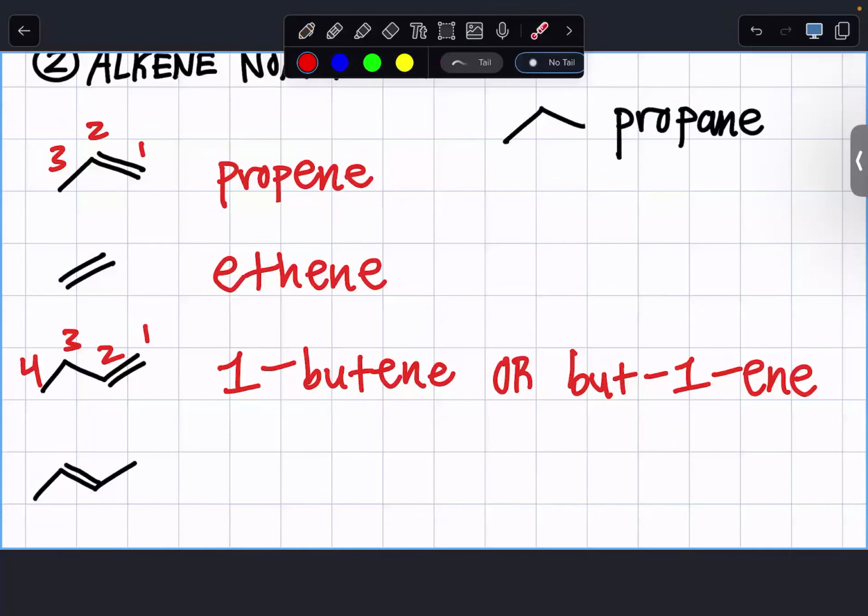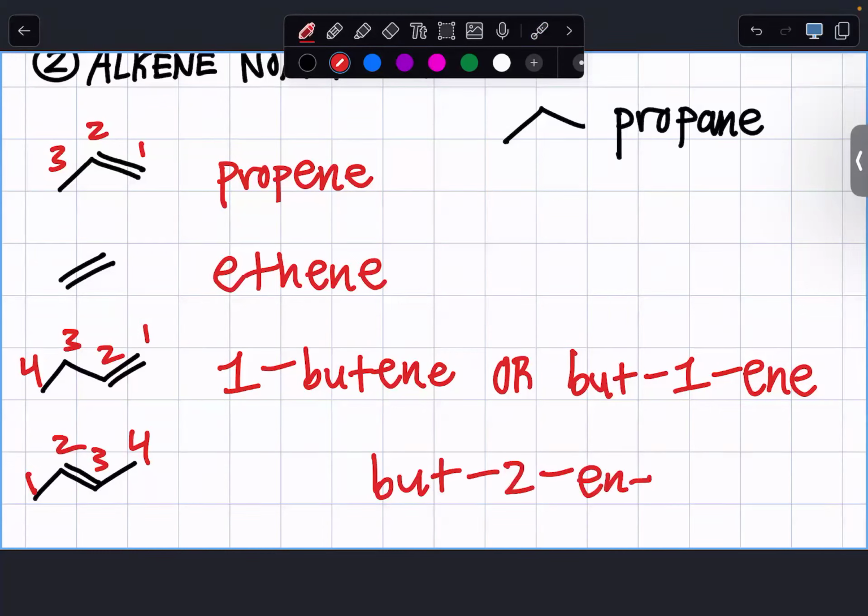This is the way I prefer it because when you add more substituents like alcohols and other functional groups on it, it's easier to see what the alkene is this way. But in this case, this is easier because there's no other groups attached to it. But when you add more, this will be easier to see. For the next one, this could be 1, 2, 3, 4. This could be but-2-ene because it's 4 carbons long and the alkene starts at carbon 2.